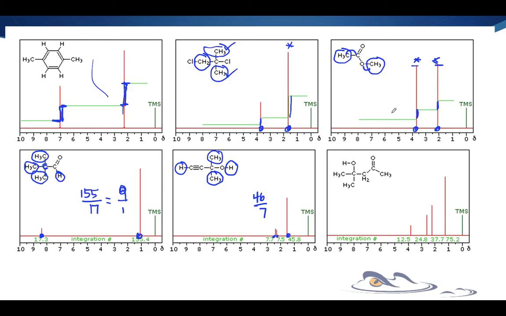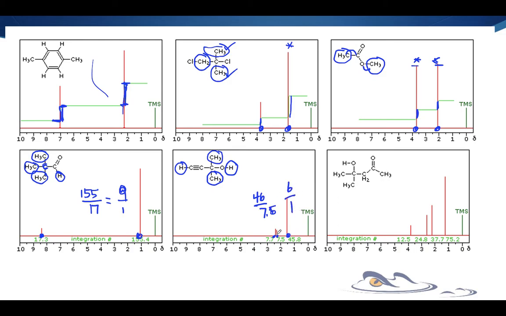And are you seeing that it kind of looks like it's about 6? Because this is really 7.5, 7.6, something like that. So it looks like it's about a 6 to 1 ratio or so, huh? Because like I said, this is really like 7.5. So this looks like it's about a 6 to 1 ratio to me.